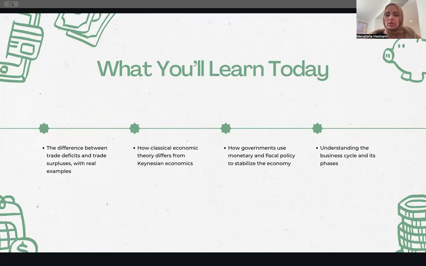Next, we will explain the differences between monetary and fiscal policy and how they are used to manage the economy. Finally, we will explore the business cycle, including the highest and lowest points and the difference between recessions and expansions.